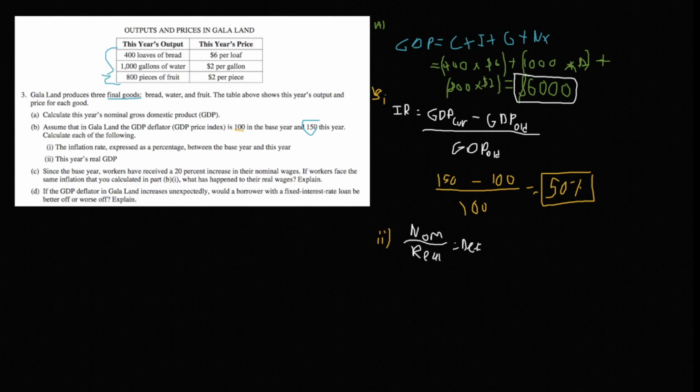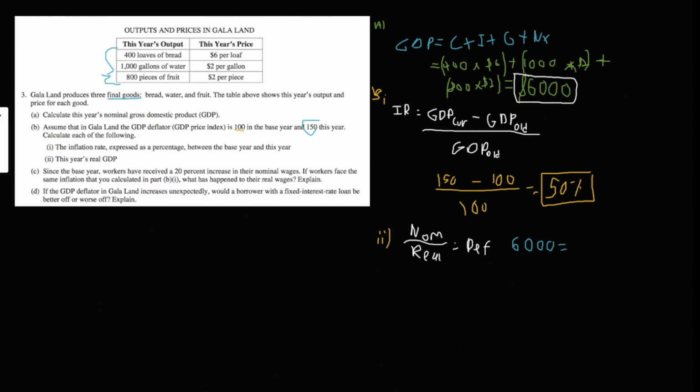So we can now start substituting in things, and then we can do some algebra. If our nominal GDP is 6,000, let's just move our real GDP to the other side. So our real times our deflator.